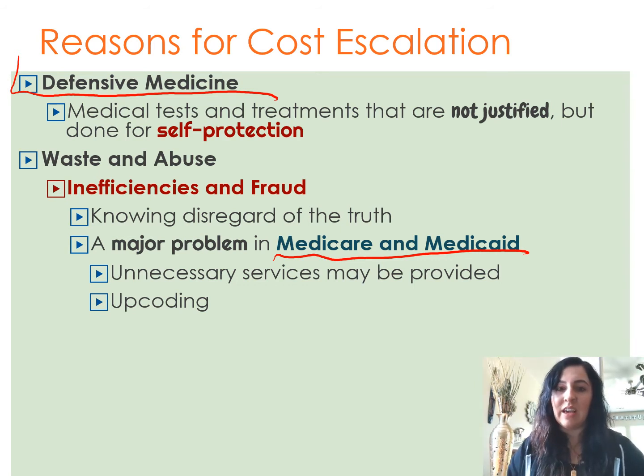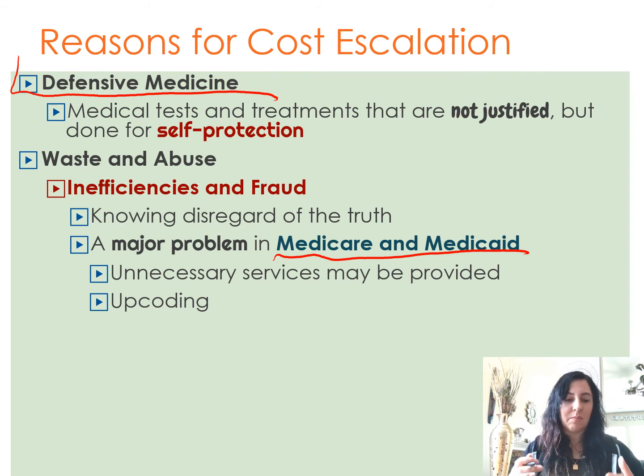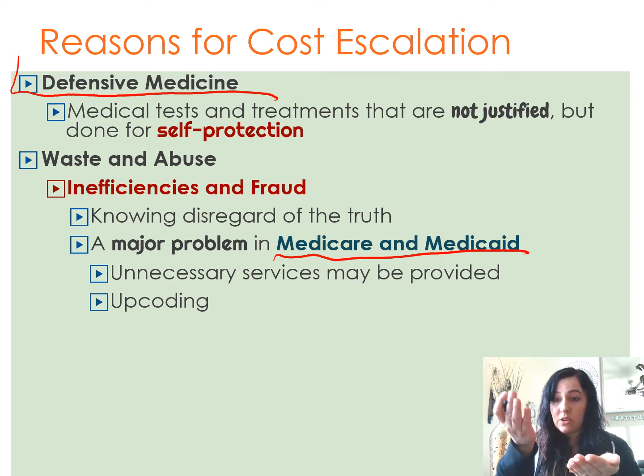So we see a lot of upcoding, where this patient was supposed to receive this cheap treatment, but you're coding for a treatment that's more expensive, and that's what you're billing Medicaid or Medicare for.